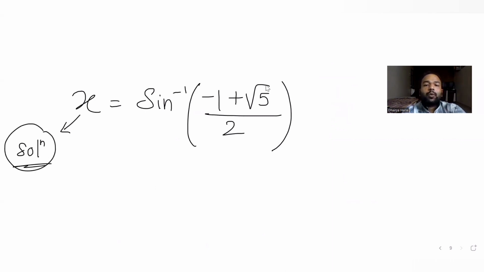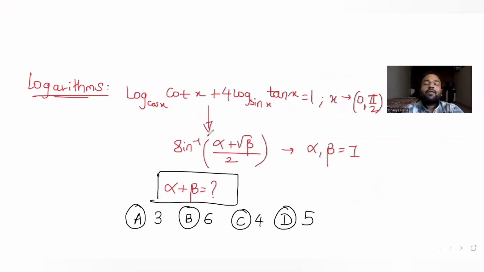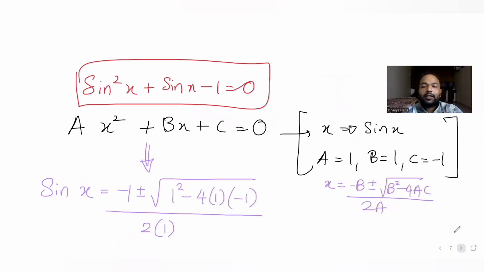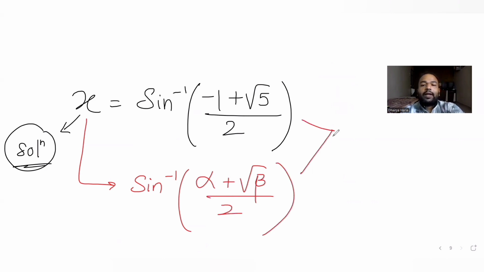And we were told in the question that the solution of the equation is in terms of sine inverse of, let's see what the solution given was. The solution was given to us as sine inverse of alpha plus root beta upon 2, where alpha and beta are integers. So if I compare it with alpha plus root beta upon 2, we get here alpha is equal to -1, beta is equal to 5.